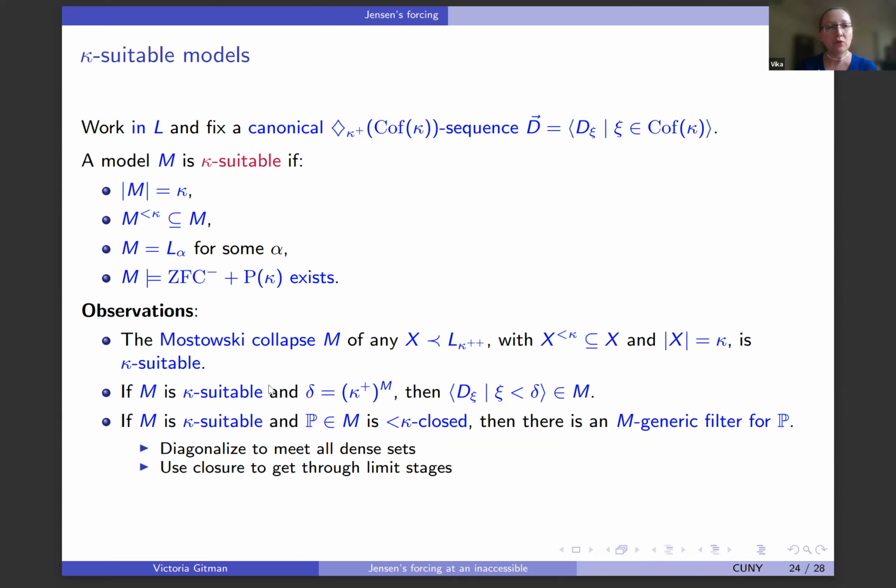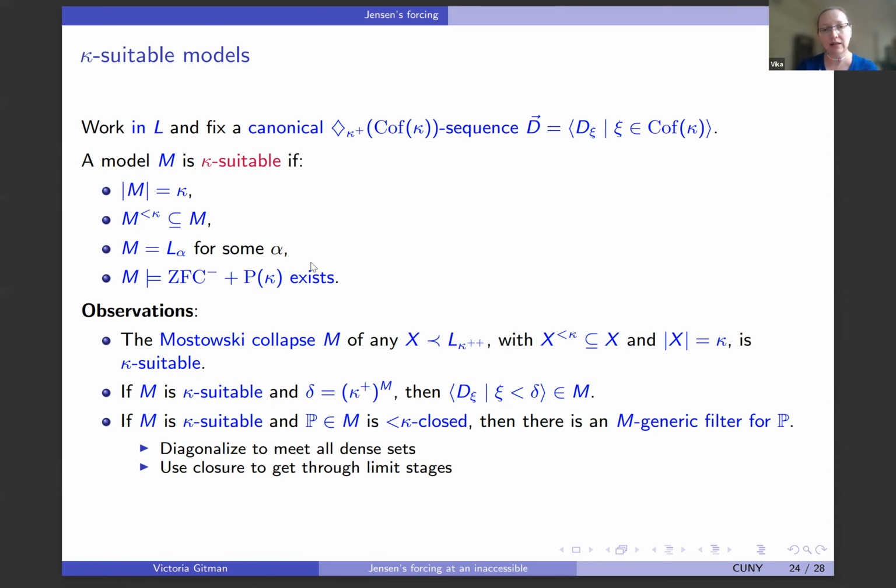Okay, so what is a kappa suitable model? It's an alpha of size kappa that satisfies ZFC minus, but the power set of kappa should exist. It doesn't need to have larger ones. And we want it to be closed under less than kappa sequences. And there are many reasons to want closure, but we will see one of them in a second.